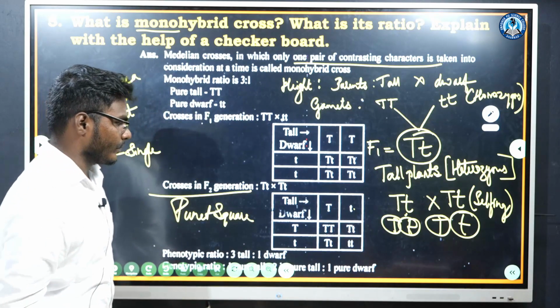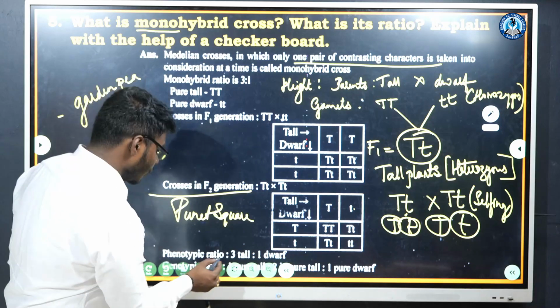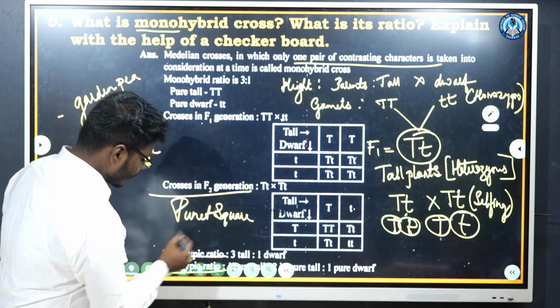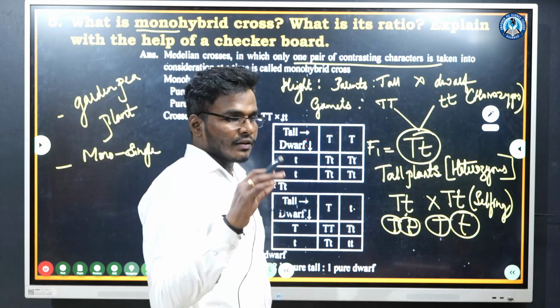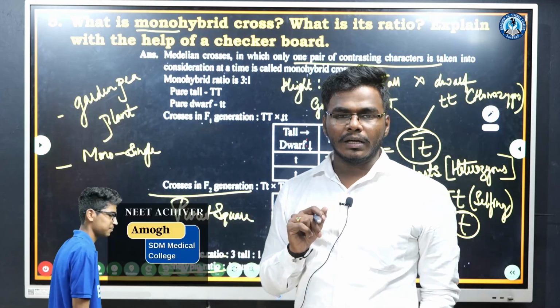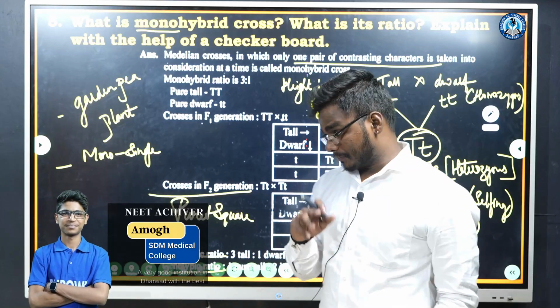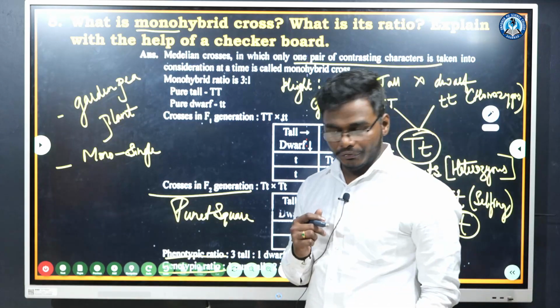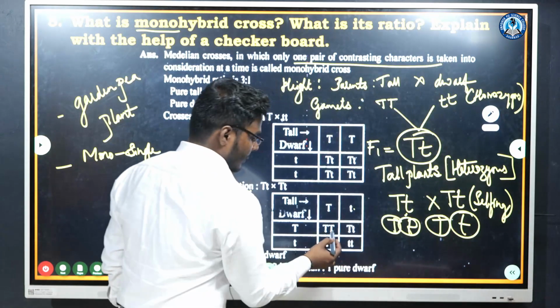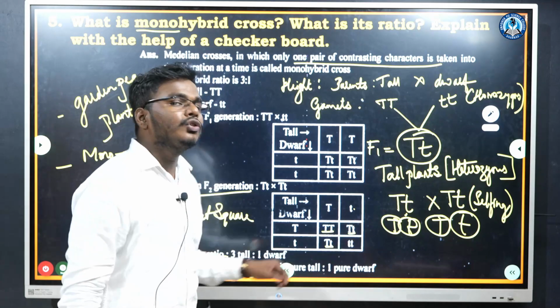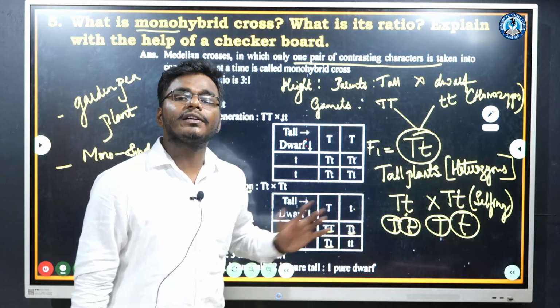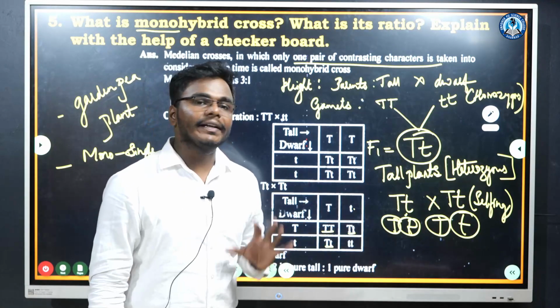Now see here, what is a phenotypic ratio and what is a genotypic ratio? Phenotypic ratio means whenever you see a plant, are they tall or are they dwarf? The dominant gene is capital T, which is height.